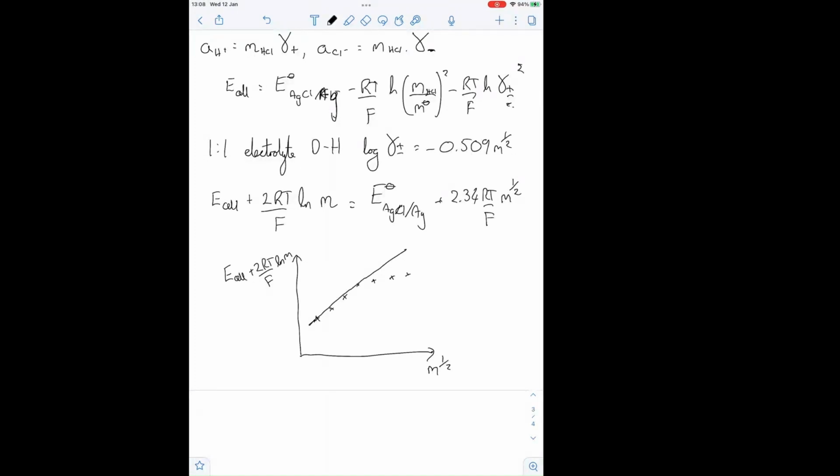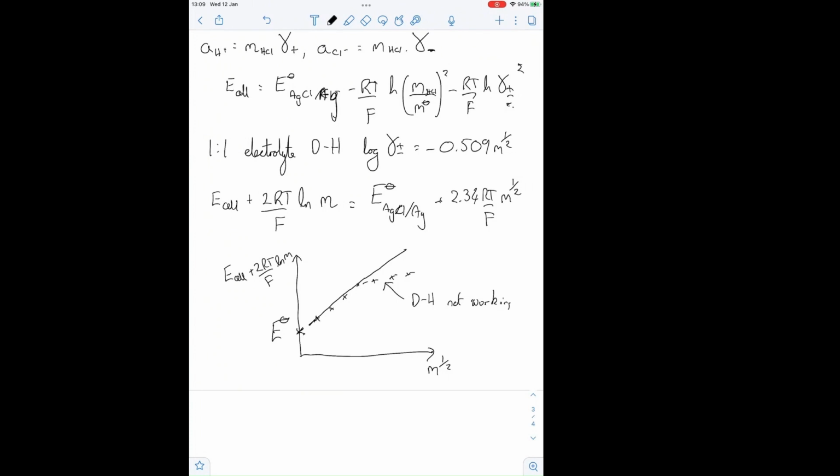So this is Debye-Huckel not working. But at low concentrations, they have straight line behavior, and they extrapolate that back to the axis to get the E naught value. I wouldn't say anybody has done that experiment or been that rigorous for about 30 years. But rigorously, that is how you get E naught values.